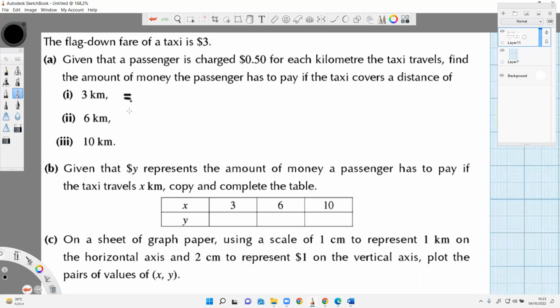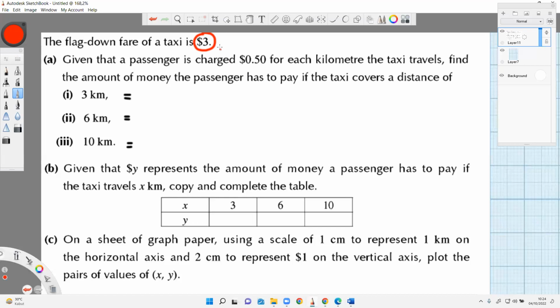So first thing first, we have the flag down fare. The flag down fare is like the order cost for you to order Gojek, right? For example, if you want to order food, you have to pay the transportation fee, regardless of the kilometers, how long you go. Got it, guys?